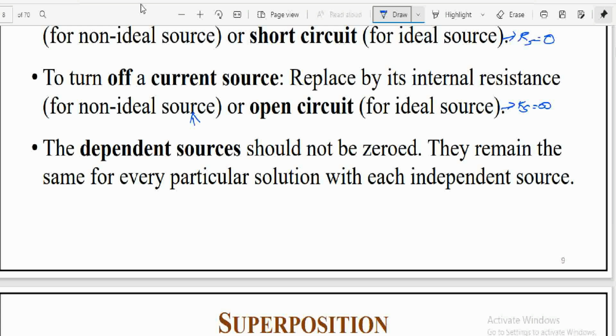For example, let us consider one example.